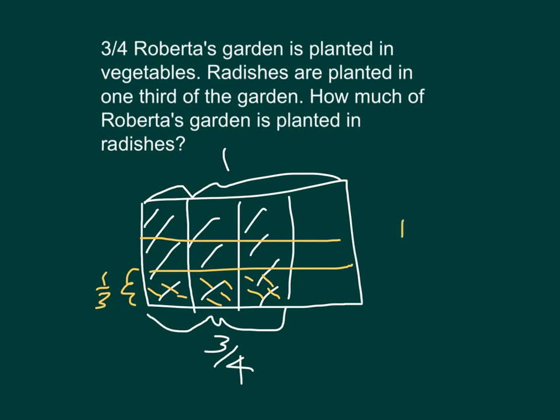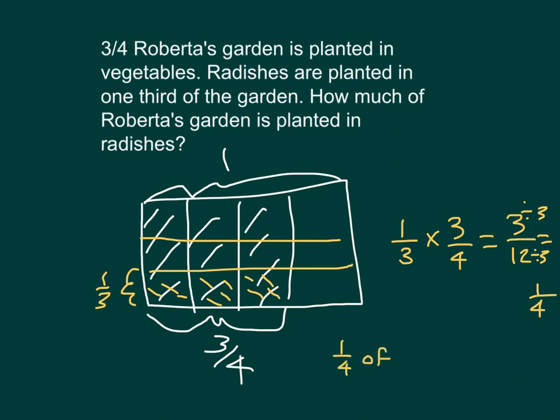So 1/3 times 3/4 does equal 3/12. If I simplify that, I end up getting 1/4. So 1/4 of the garden is planted in radishes.